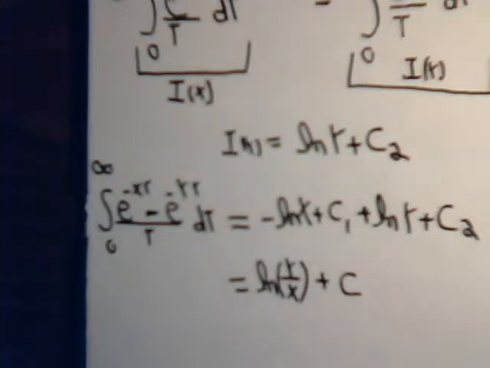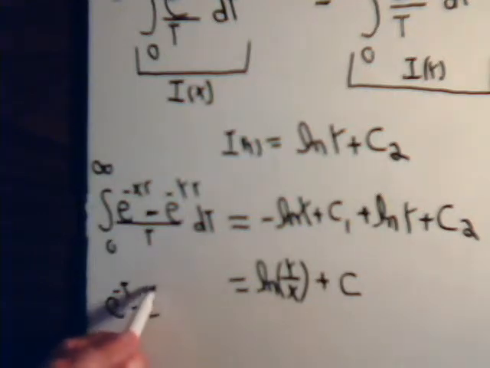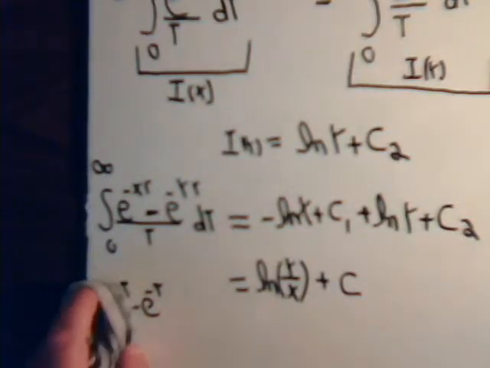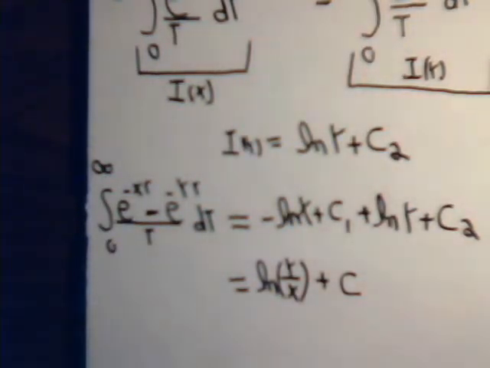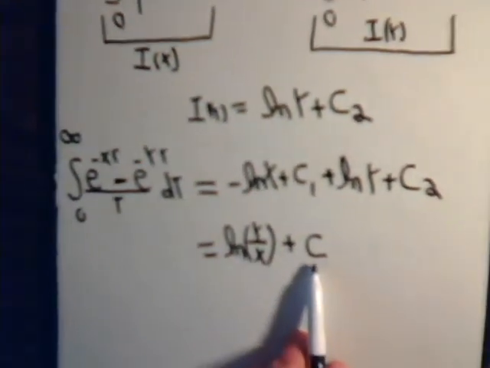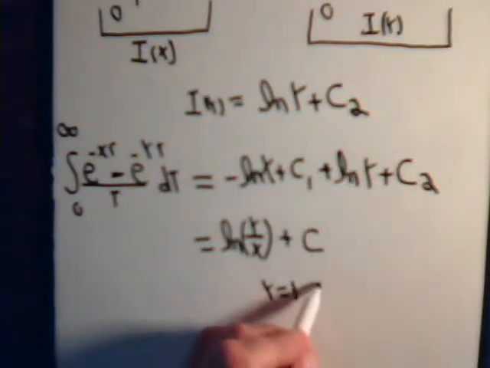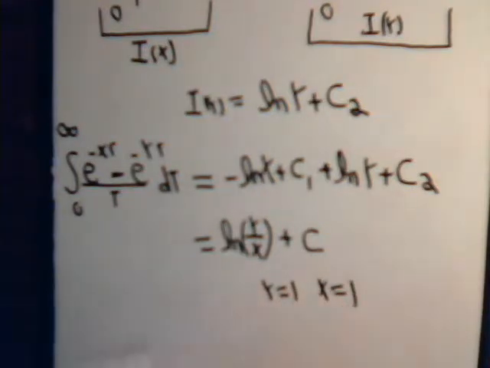Now, if y and x both equal 1, then we would have e to the minus t minus e to the minus t up here. So this would be 0. So what we're trying to do right now is evaluate this arbitrary constant of integration. So we'll do it for when y equals 1 and x equals 1.